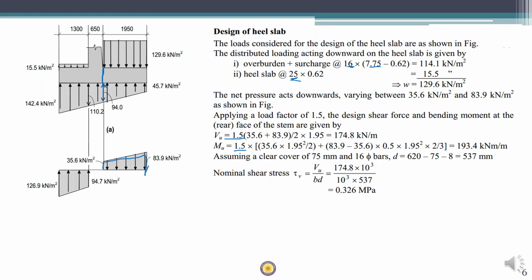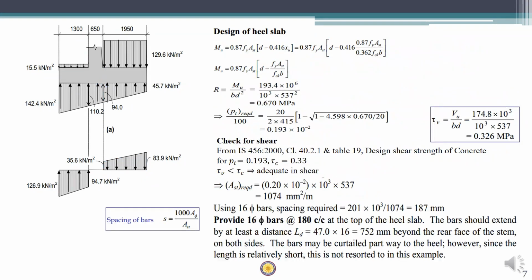The clear cover is going to be the same, and d is also going to be the same. Once we have the Vu value, we can find the tau v value, the nominal shear stress, and keep it aside. Once we have the Mu value, you can find the PT, and then once you have the PT value, you can find the tau c value as well as the AST required.